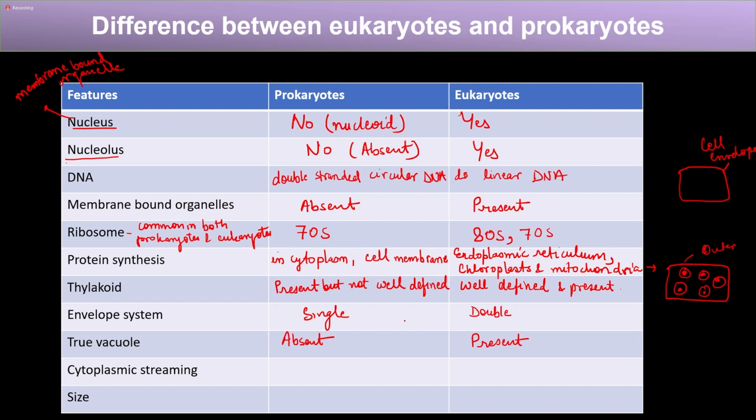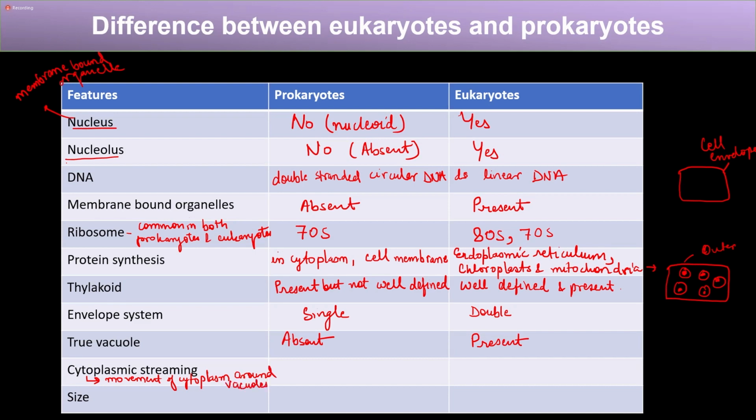Now there is one more term called cytoplasmic streaming. What is it? It is defined as the movement of cytoplasm because of, or around, the vacuoles.